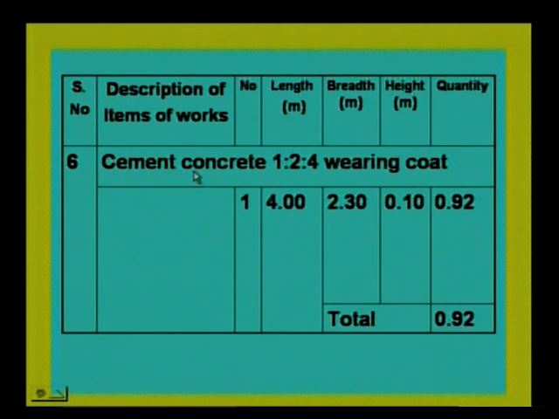Now the next, over the slab, a cement concrete wearing coat with 1:2:4. You can see here one number, 4 meters with 2.3 and 0.1 is the thickness. The total quantity is 0.92. This is the quantity of wearing coat over the slab which is provided over the abutments.